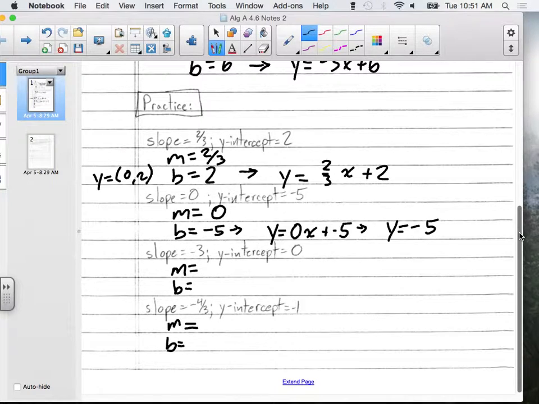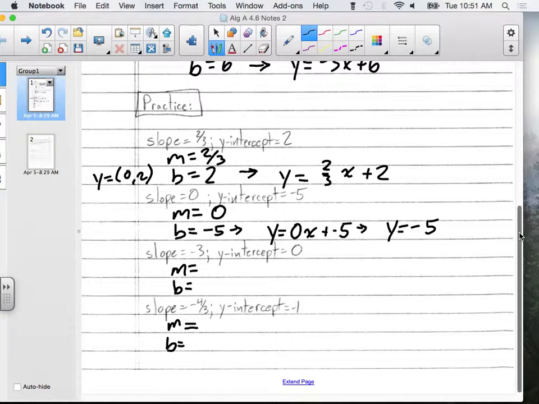So if the y-intercept is -5, where's that on a coordinate plane?